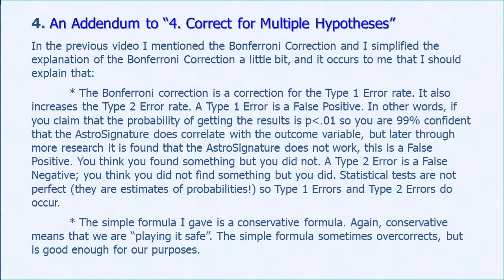To remind you, the Bonferroni correction is used when you have multiple hypotheses that are done separately. So if you test to see if professional singers have Sun in Taurus, and you compare the professional singers against the shuffled control group, and you see whether the singers have Sun in Taurus with a probability that's very impressive compared to the control group, like P less than 0.05 or less than 0.01.